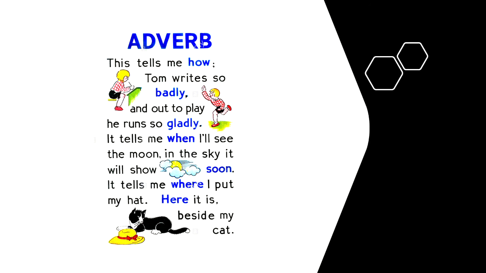It tells me where I put my hat. Here it is beside my cat. So badly, gladly, they are adverbs of manner. Soon is an adverb of time, the when category. Here is an adverb of place, the where category.